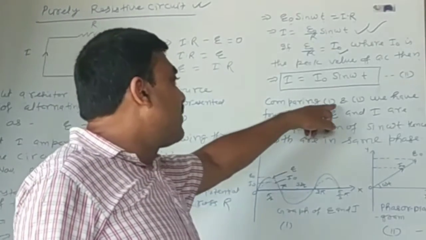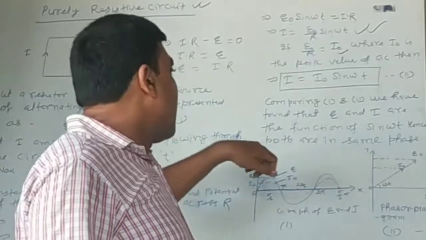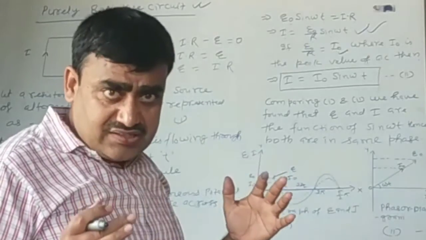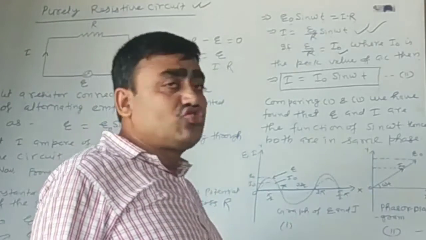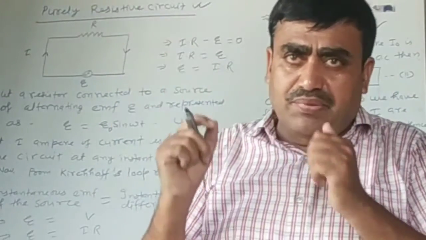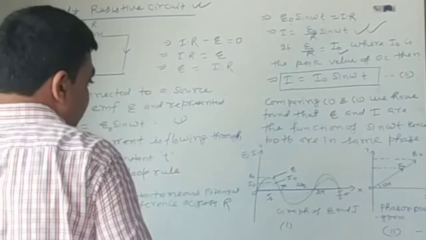Comparing 1 and 2, we find that E and I are functions of sine omega t. Hence, both are in the same phase.